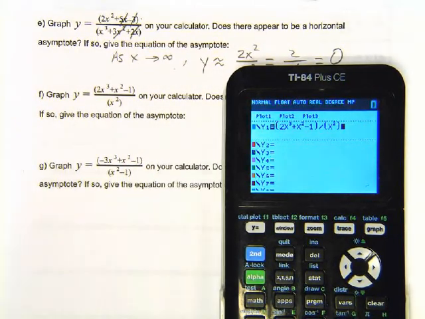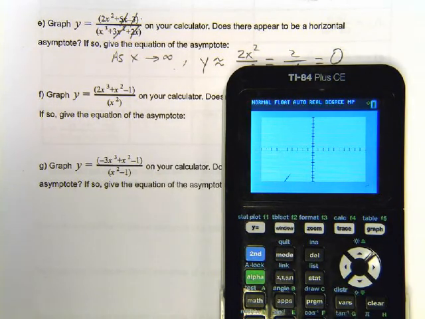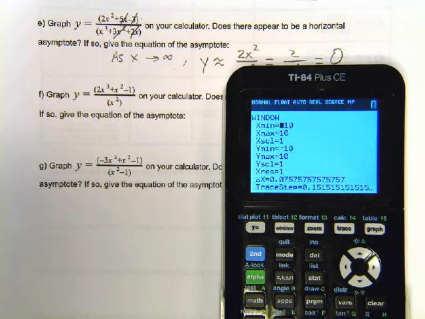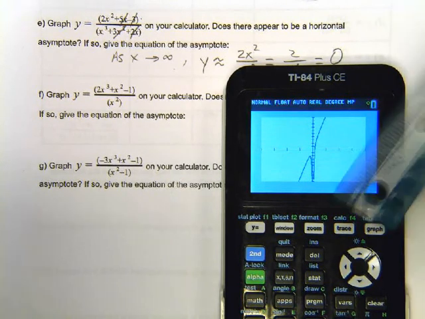Do a zoom 6, reset the window, and oh! Does it look like there's an asymptote? Let's go out further. Let's increase this to negative 20 to positive 20. And let's see what it looks like. Doesn't it look like a diagonal asymptote?